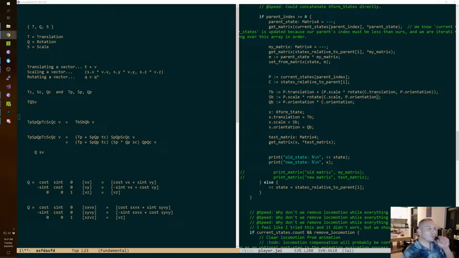So we're essentially just multiplying the two matrices together to get the new matrix, except in this other representation. So I think this is right. Obviously this is right.